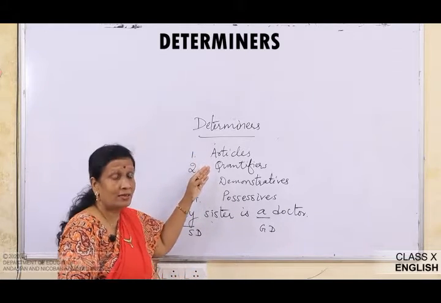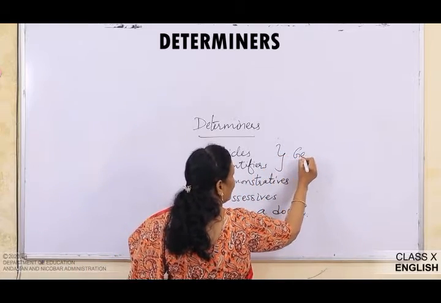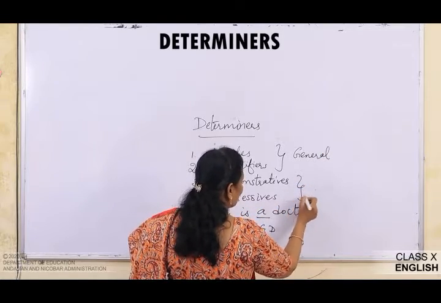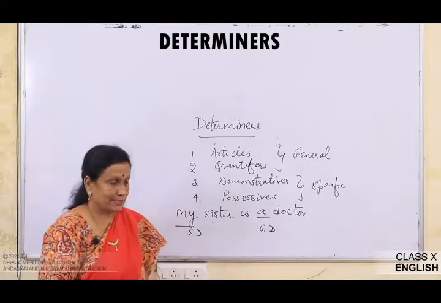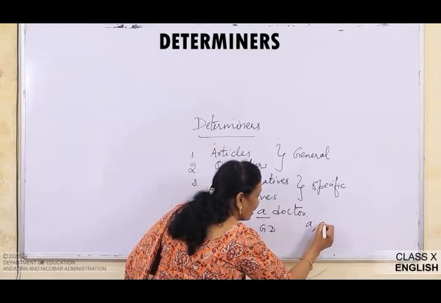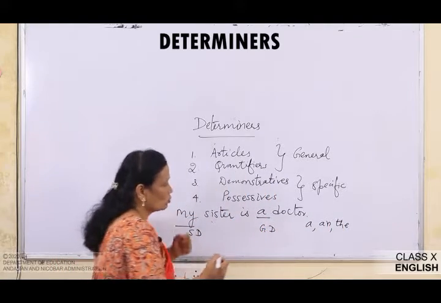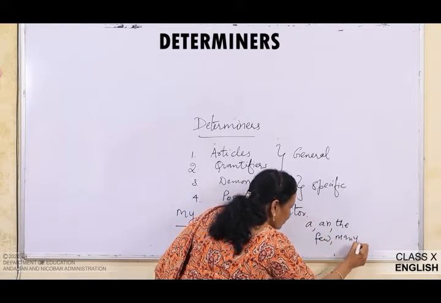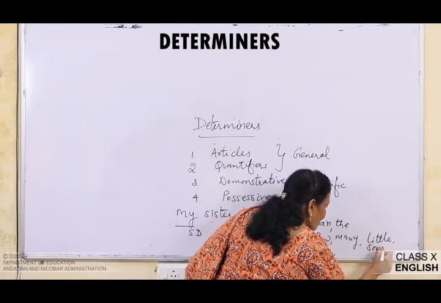So, articles and quantifiers are general determiners, and possessives and demonstratives are specific determiners. Articles: a, an, and the, and also quantifiers: few, many, little, some.